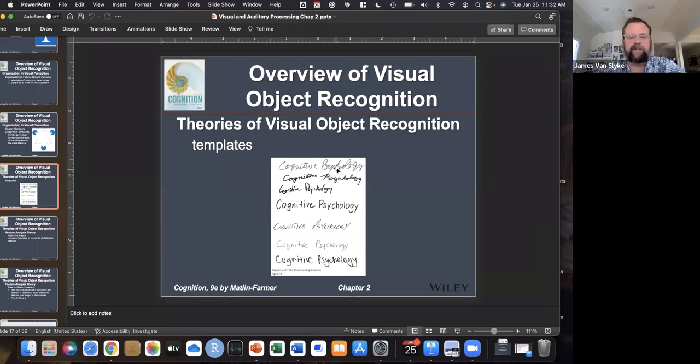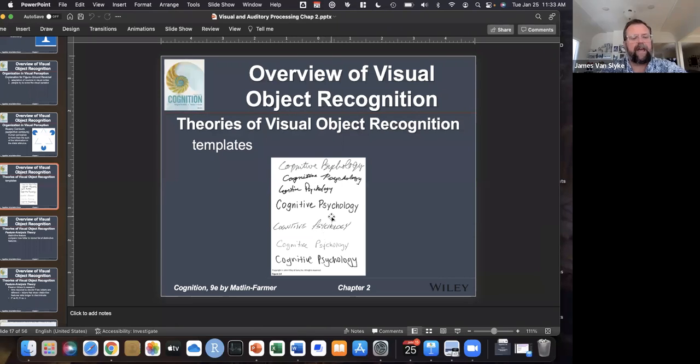But if you notice, there are several very different visual representations of these two words, and yet we're able to see the same thing, even though very different kinds of visual representations are actually being shown.